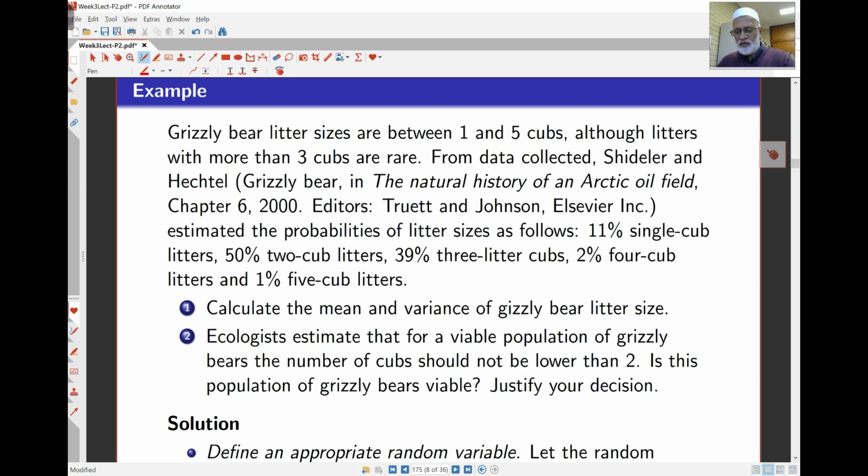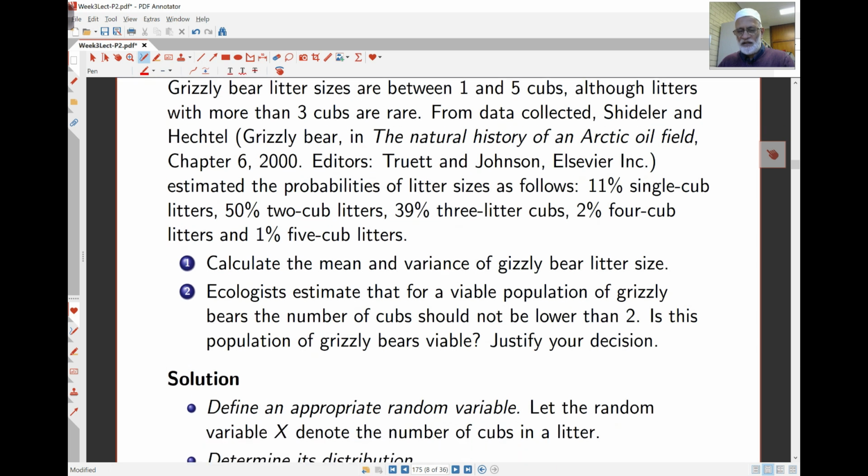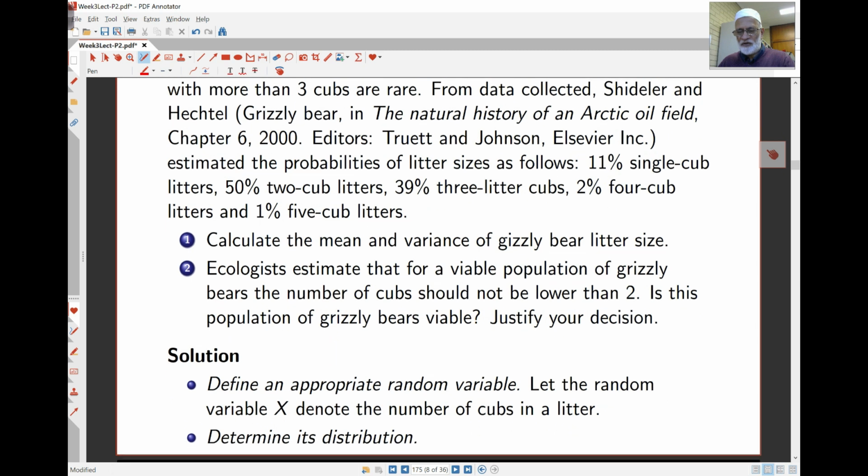They estimated the probability of litter sizes as follows: 11% were single cub litters, 50% were 2 cub litters, 39% were 3, 2% were 4 cub litters, and 1% were 5 cub litters. Now it says calculate the mean and variance, and then the second part says ecologists estimate that for a viable population of grizzly bears, the number of cubs should not be lower than 2. Is this population of grizzly bears viable?